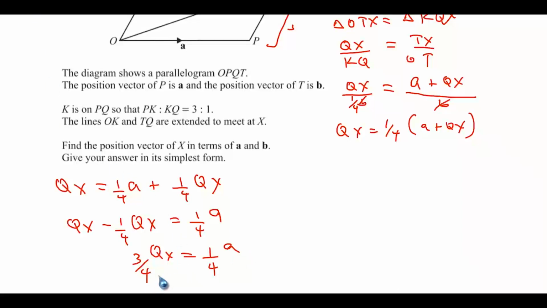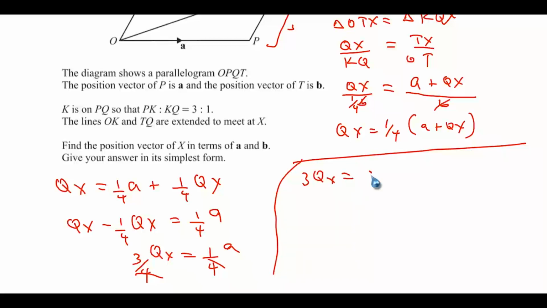Also 4 will cancel 4 here, so I'm left with 3QX equal to A. From here this implies that QX equals 1 over 3A. That's the value of QX.